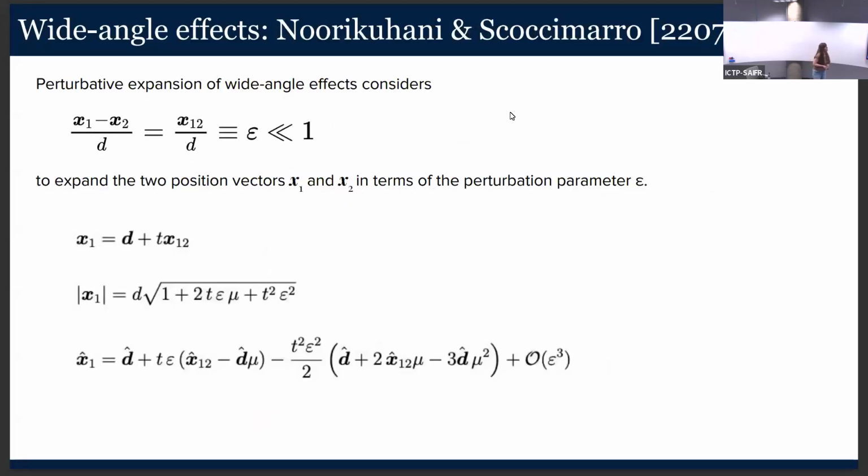So what they did in this paper is that they take the distance d, and x1 and x2 is the separation between the galaxies. And then in that expansion, you can use the separation over d as your perturbative parameter, and do the expansion for the separation s over d. Then you can do this parameterization.